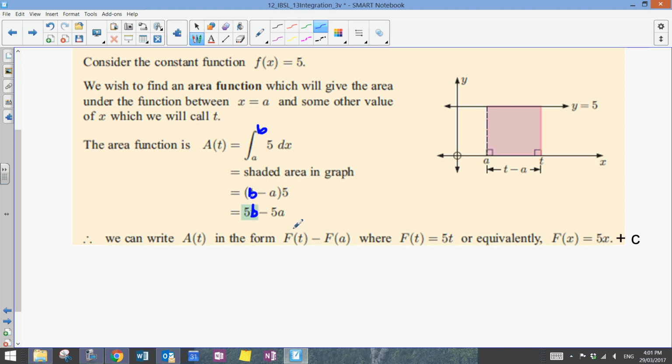So what we wind up getting is the antiderivative, this expression of the antiderivative evaluated at b, minus the antiderivative evaluated at a. All right, and then we wind up noticing that this is your antiderivative expression, plus a possible c on the end. So using that b instead of the t is the same thing that we were doing in class.